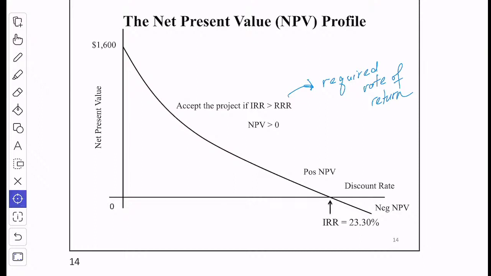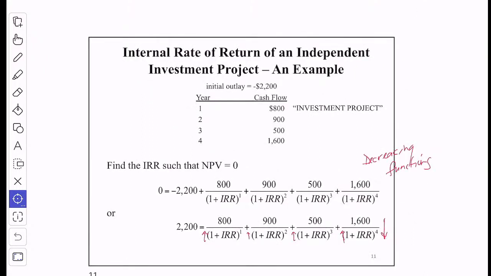Okay, so this is your cost of capital, your discount rate. So as long as the IRR is bigger, that means your project will end up being a positive NPV. Let me go back and we'll talk about this again if you still didn't get what I'm doing here. What I'm doing is I created a function that looks like the NPV, but I want to find out where that NPV is 0.